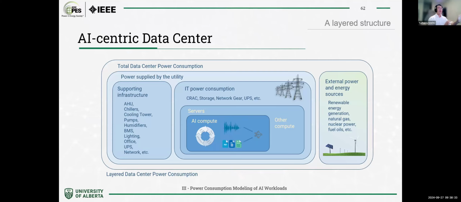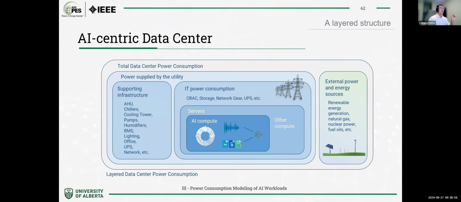In a general bigger picture, we see in the AI-centric data center this layered power consumption model. In total, the data center consumes power either from the utility or from an external power source, like renewable generation, natural gas, even nuclear power or fuel oils.